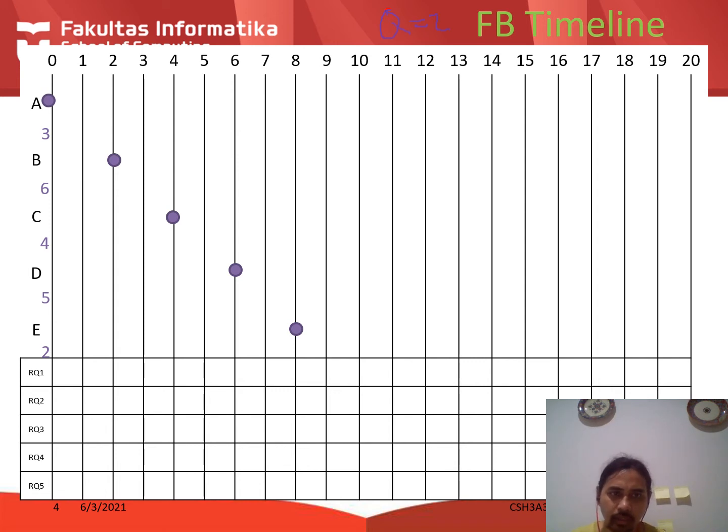A will go from 1 to 2, and A will go into the top queue, and then B will go from 2 to 4, and B will also go into the top queue, and then C will go from 4 to 6.